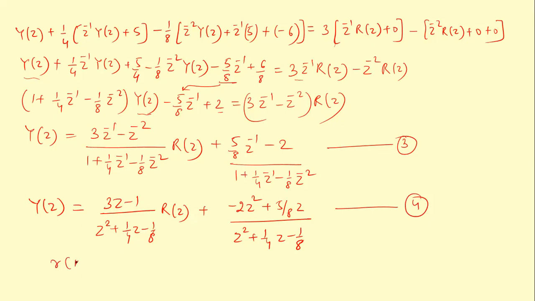Now rk is equal to minus 1 raised to the power k mu k, right? And mu k is 1 for k greater than or equal to 0, as it is already given, and 0 for k less than 0, right? So if we take the z transform of rk, it is summation k equal to 0 to infinity of minus 1 raised to the power k z raised to the power minus k.